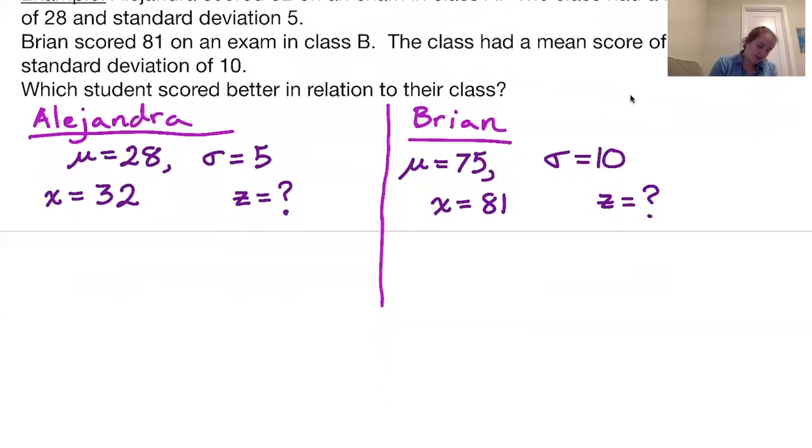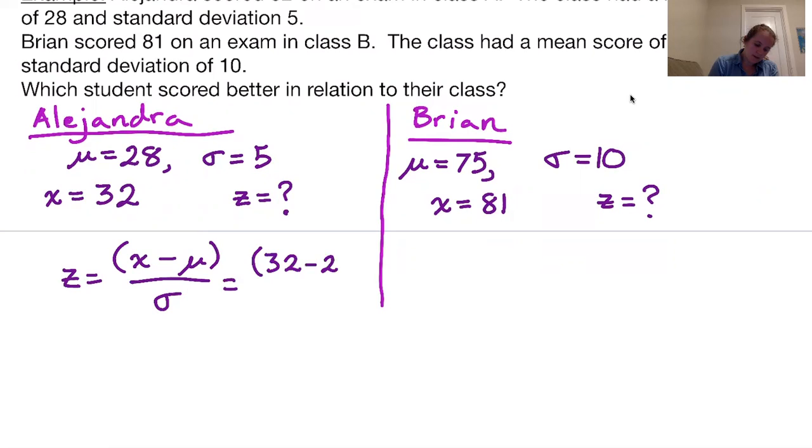So for Alejandra, we can do our calculation. Z is equal to x minus mu divided by sigma. So we are looking at 32 minus 28 divided by 5. This is 4 over 5, otherwise known as 0.8.